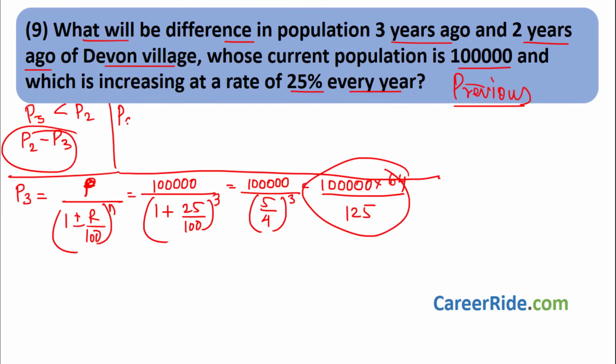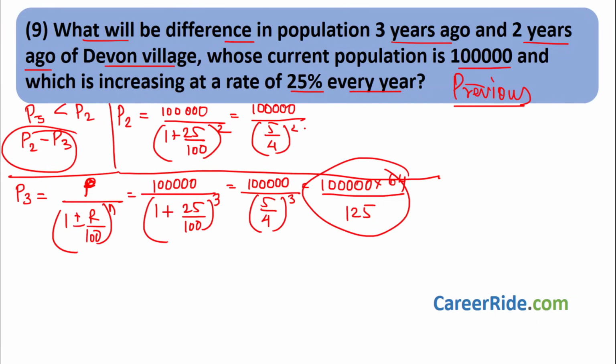Let us calculate the second year population. What would it be? 1 lakh divided by 1 plus 25 upon 100 square. That would be equal to 1 lakh divided by (5 upon 4) square, that is 1 lakh into 16 upon 25.